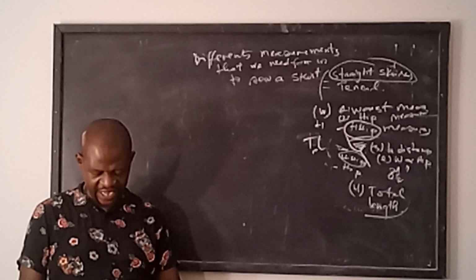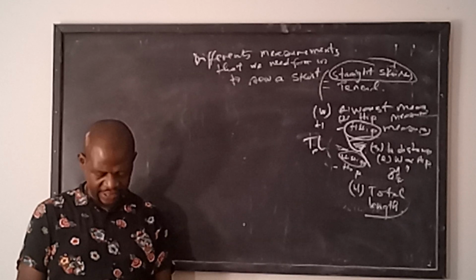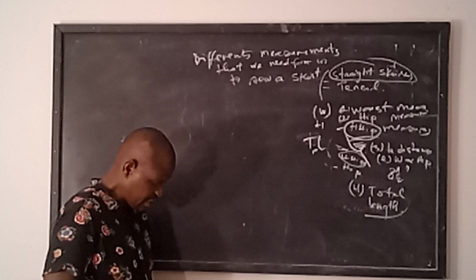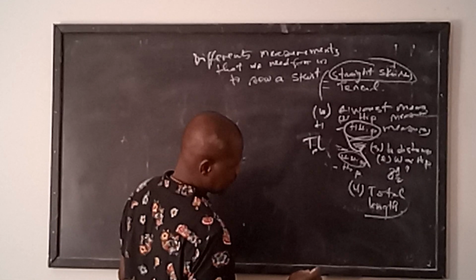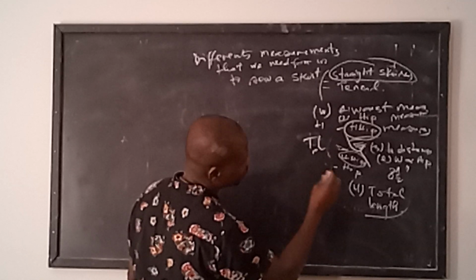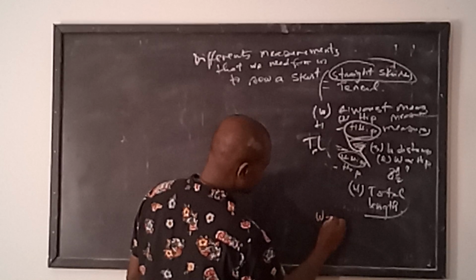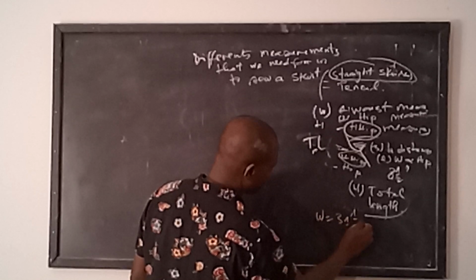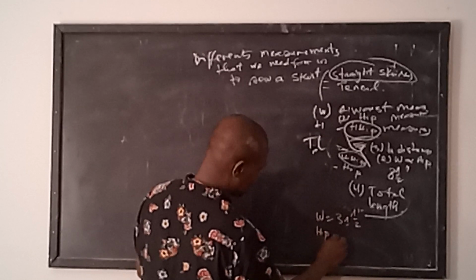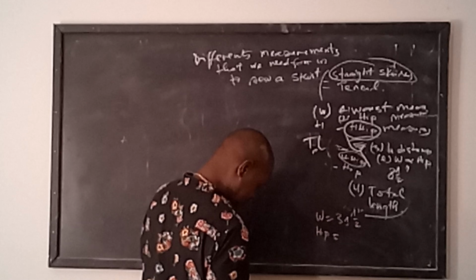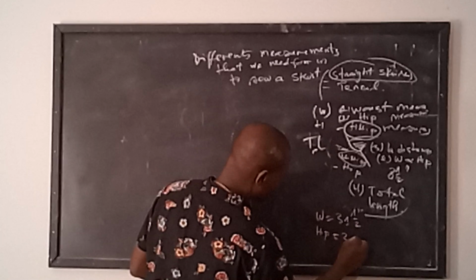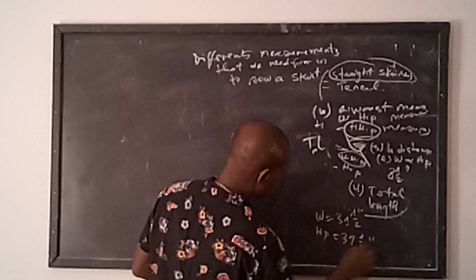So 80 centimeters will be like 31 and a half inches. Let's say the waist is 31 and a half inches, and the hip measurement, 100 centimeters, is 39 and a half inches.